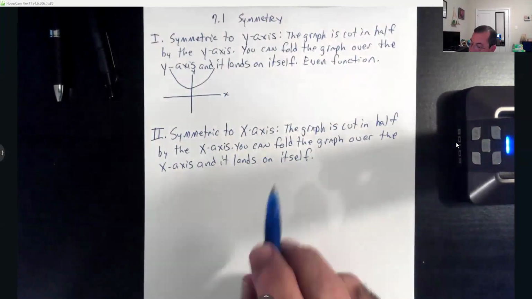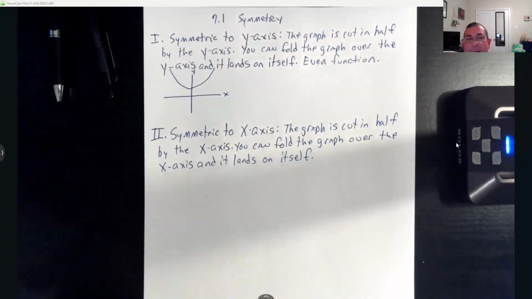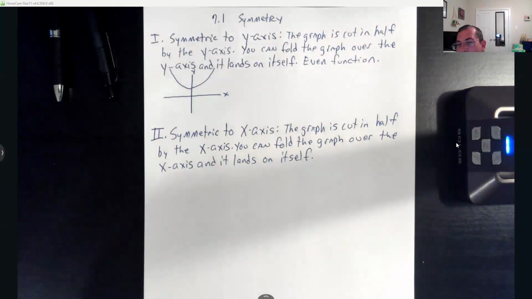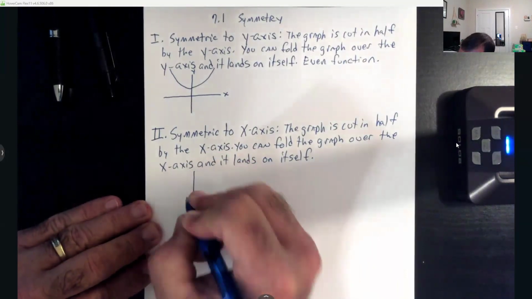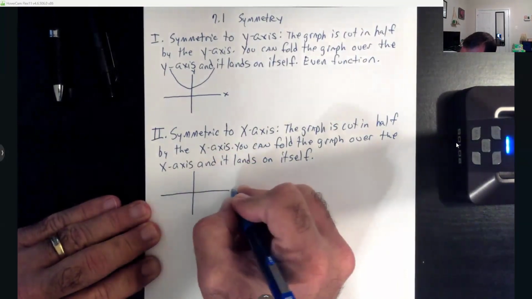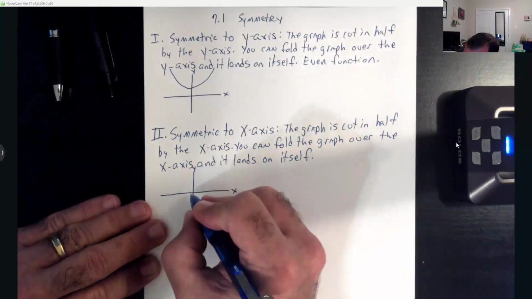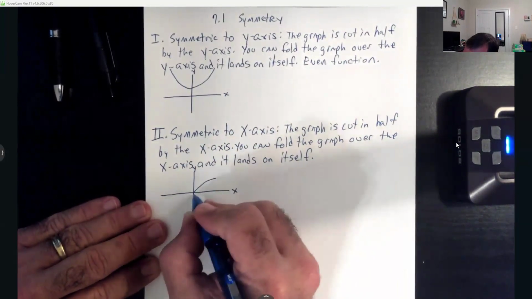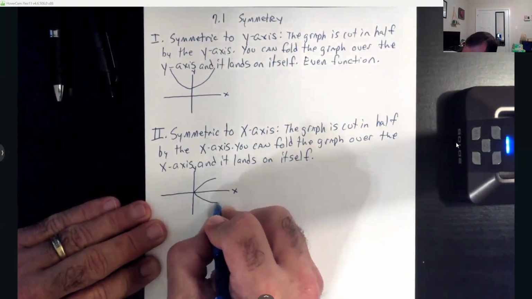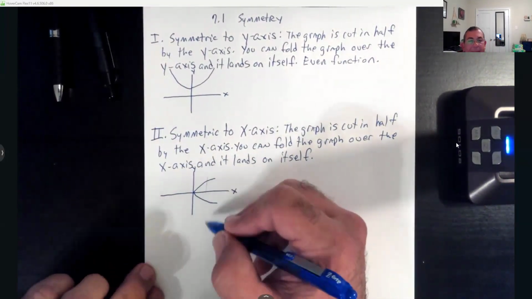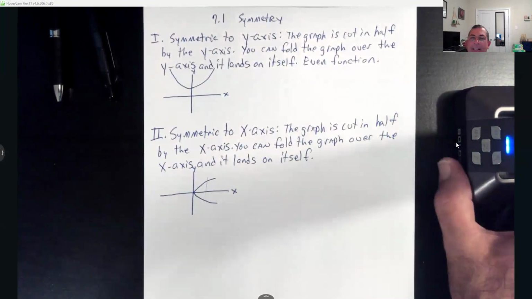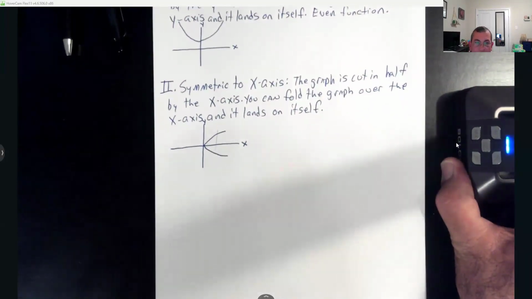Now, if it's symmetric to the x-axis, it's not an even function or an odd function because it's not even a function, right? Remember, if this was my x and y, and I had a graph that was symmetric to the x-axis here, well, remember, this fails the vertical line test, so technically, it's not even a function, okay?